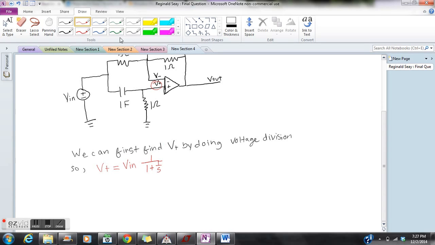Then we can simplify it some more, and V plus is equal to V in times S over S plus 1.